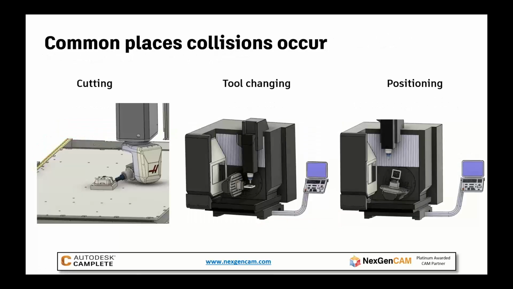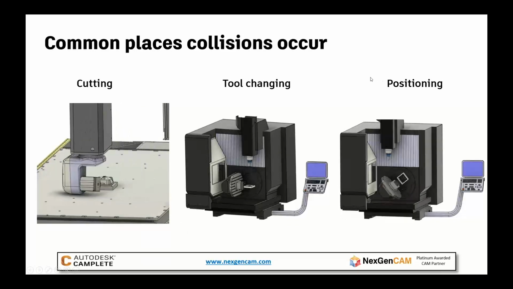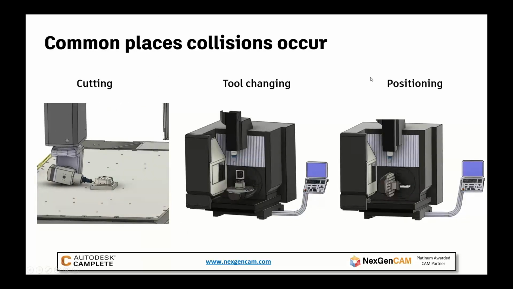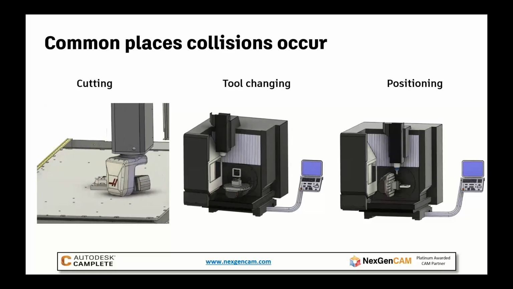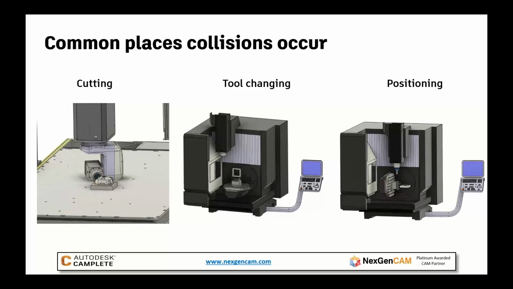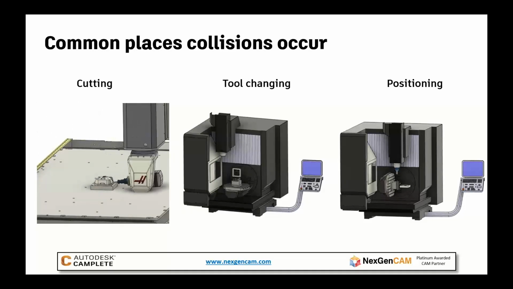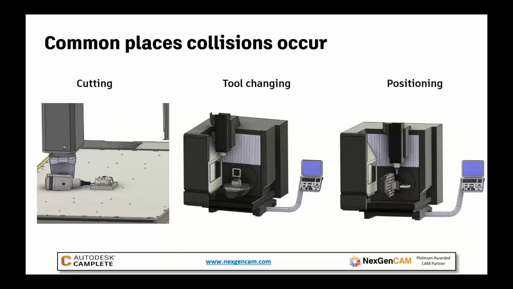In terms of collisions, of course, there will be a few different areas throughout the process that will be presenting challenges, and that the CAM system in itself is not necessarily looking at. The primary focus of the CAM system will be to generate the toolpath, but that doesn't necessarily mean that the machine tool that you as a customer will have is able to follow the motion that was generated by that toolpath.